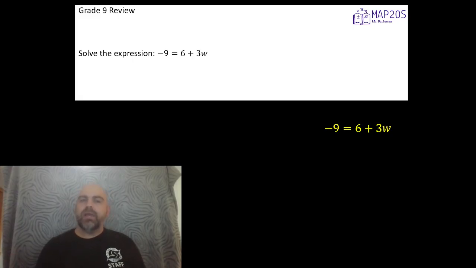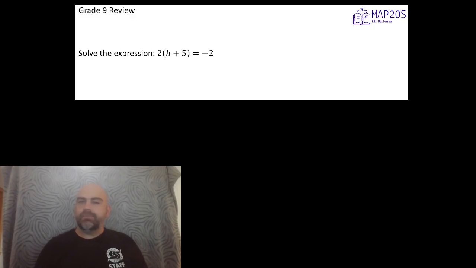And so to get rid of that, we need to put -6 on both sides, which gives us -15. Then remove the 3 by dividing by 3, and we get a w value of -5. Again, you can always plug this back in to w and try. So 6 plus 3 times -5, and that should give us an answer of -9, meaning that both the left and the right-hand sides are equal to each other.